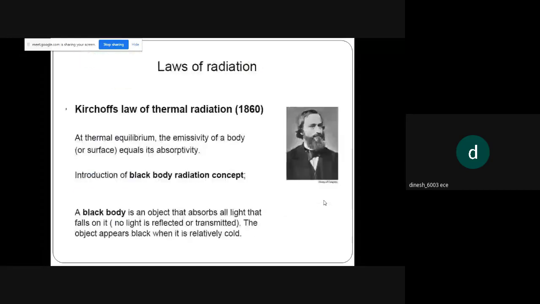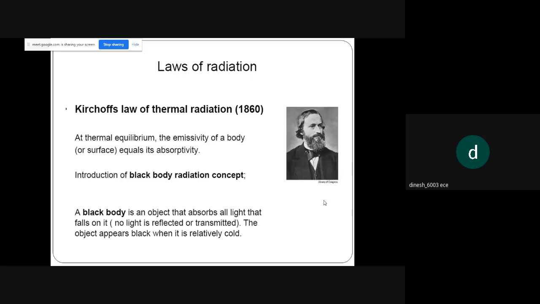Next topic is laws of radiation. So how did these laws of radiation come into existence?